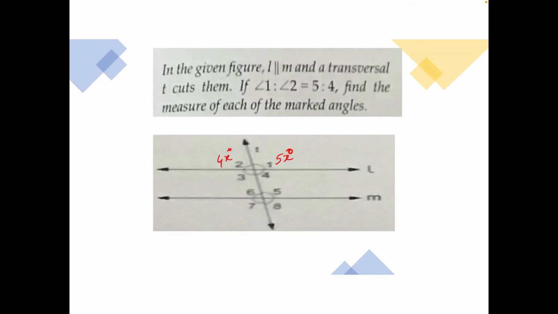Let angle 1 be equal to 5x degrees, and angle 2 be equal to 4x degrees, right? So I can say, therefore, angle 1 plus angle 2 is equal to 5x plus 4x is equal to 180.